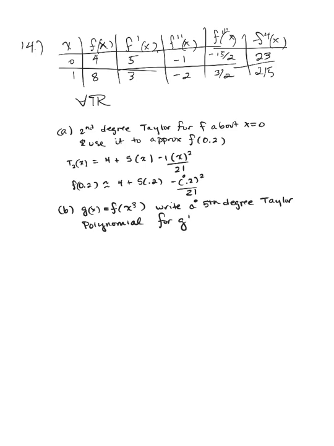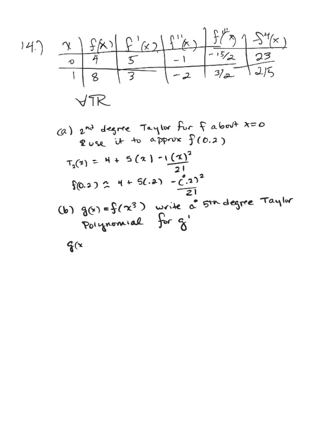Okay, so first, g of x is f of x cubed. Okay, we're still centered at 0 here. So I'm just going to sub in x cubed for x into my second degree Taylor polynomial. Because when I get a derivative, the 6th degree will go down to the 5th degree.